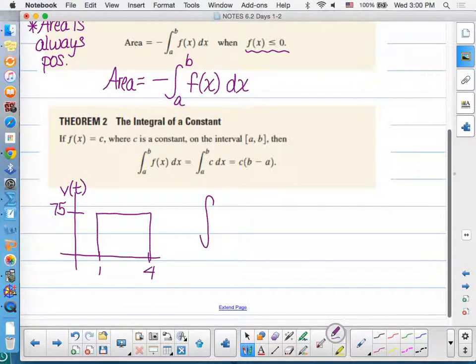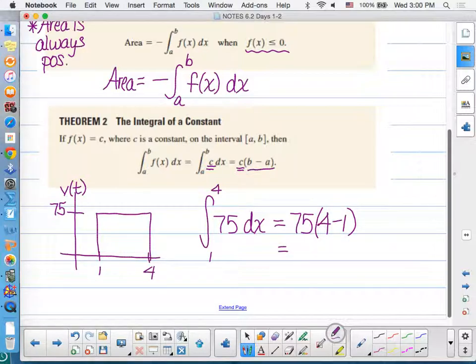That's what this is saying. So this is saying if I wanted to do this problem as a definite integral from 1 to 4 of my function that's a constant, 75, with respect to x, then my actual value is something I already know how to calculate. It would be that constant times the difference in my interval values.